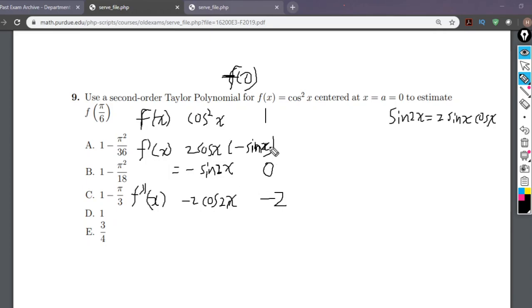So now we can write the Taylor series out. Since it's centered at 0, the first term will be f of 0, which is 1, plus 0 times x minus 0, so that term will go away.